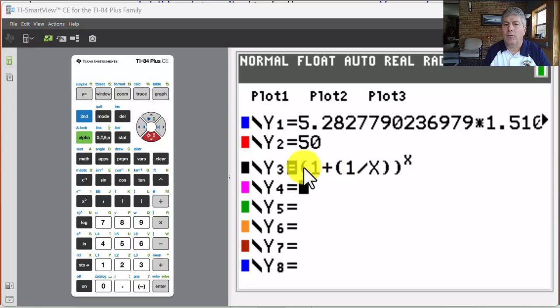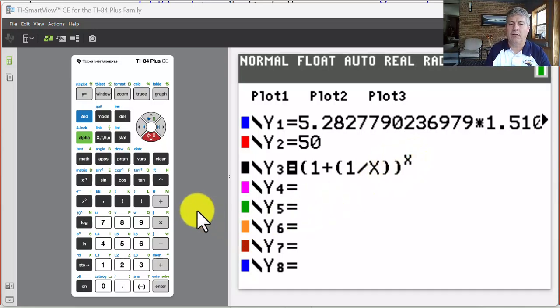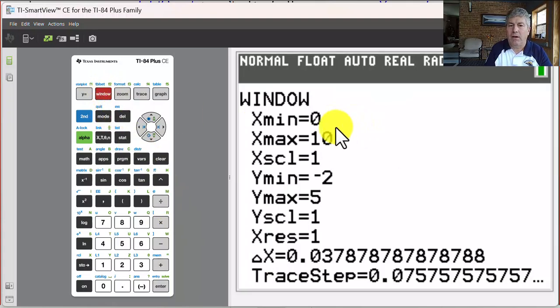So down in y3 I have the quantity of 1 plus the quantity of 1 over x, close parentheses, all raised to the x. And then in y4, I'll do y equals e, and the e key is above the division symbol there, so second e, and check my window to make sure I've got what I need.